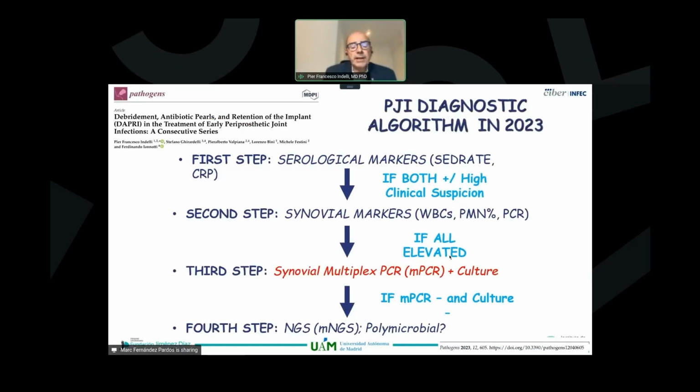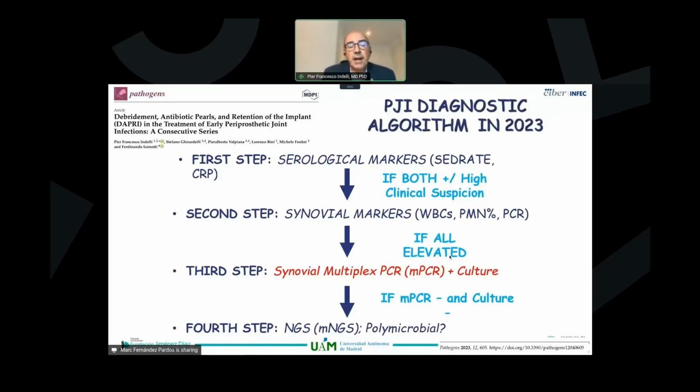So in 2023, we published this PJI diagnostic algorithm for every single case where we suspect an acute infection. We changed the surgical technique a little from DAIR to DAPRI because we strongly believe in local delivery of antibiotics using antibiotic-loaded calcium sulfate beads.